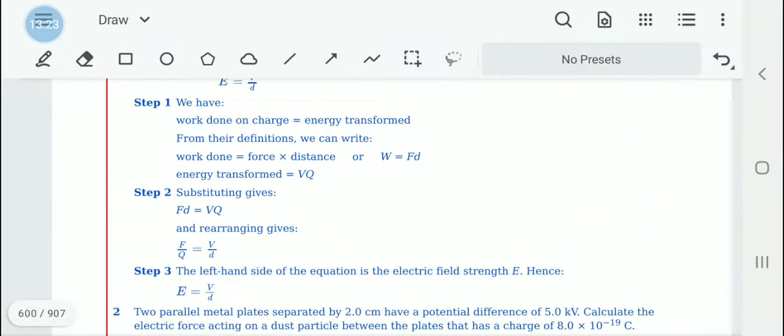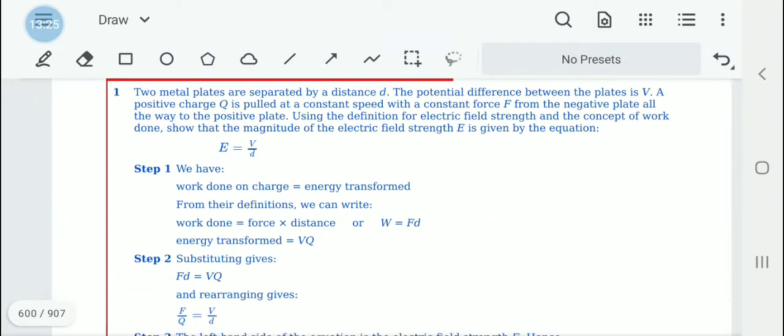So these questions you must practice over and over again, because that is going to be a part of your examination for sure. Two metal plates are separated by a distance d. So the moment that you hear this, you know that you can use the delta V upon delta D equation.